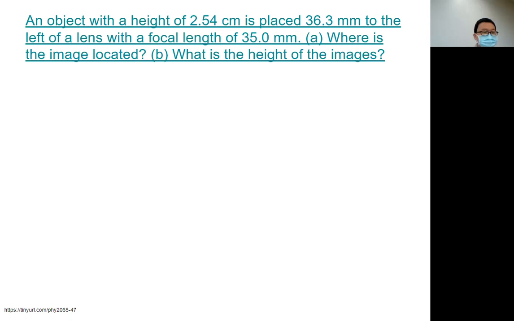You can use the thin lens equation and the magnification equation. You should be able to solve this one. I'll give you a couple of minutes to try this, and then we can look at the solution after that, okay?